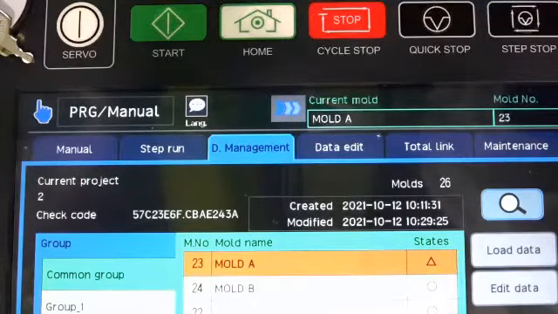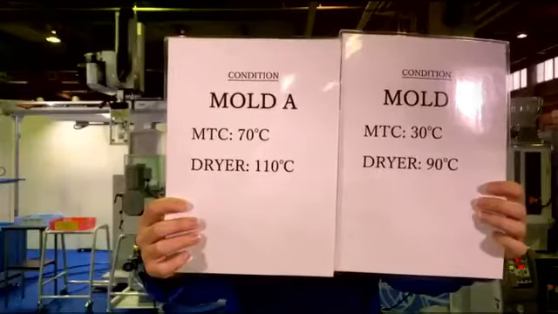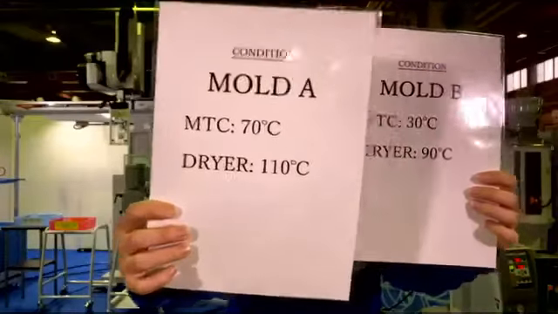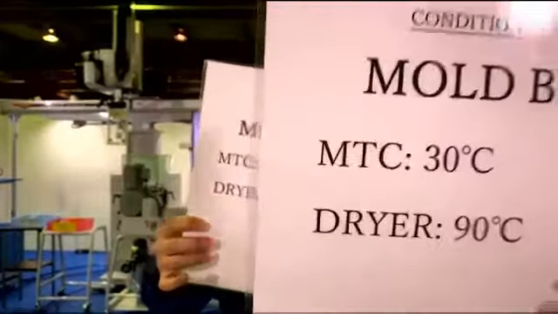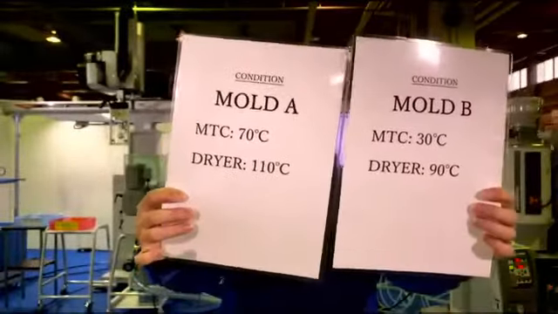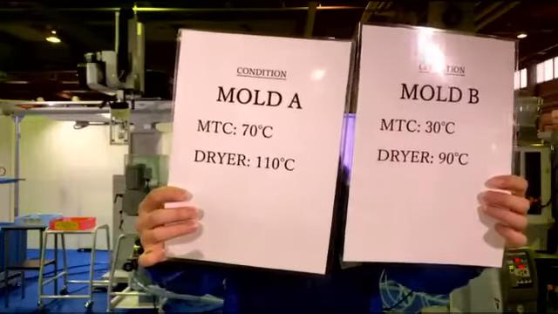In the process of settings, mistakes could happen, such as the operator may put in wrong data or see wrong data. By using Total Link, you can set the peripheral equipment at once. For example, for mold A, the condition is this, and for mold B, the condition is this. The robot remembers these two data inside the controller.